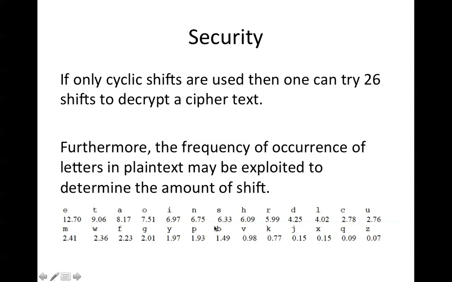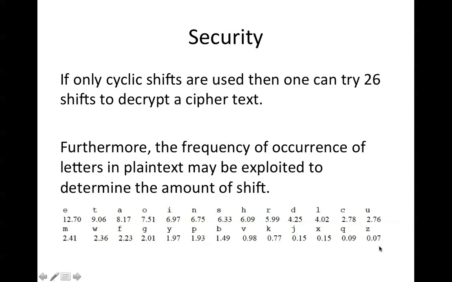So this table here shows the letters in the English alphabet, and you can look at, statistically speaking, the percentages of occurrences of these letters on average in English plain text. E, for example, is heavily used, 12.7%. It's the biggest chunk, and then T comes right after, and Z on this side is the least frequently used letter.